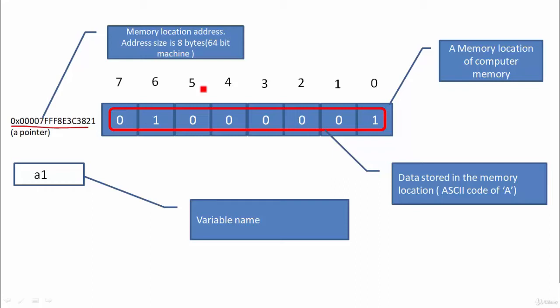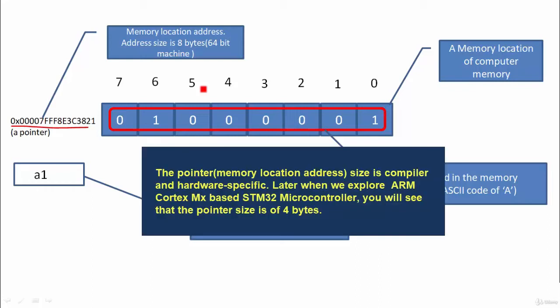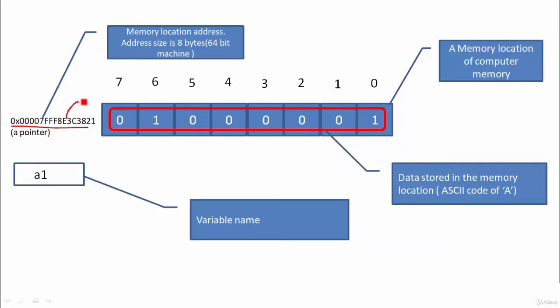For a 64-bit machine, the size of the memory location address is 8 bytes. We also call it a pointer in C because it points to the data, right? And the data is stored at that memory location, and the data happens to be the ASCII code of A, which is 0x41.